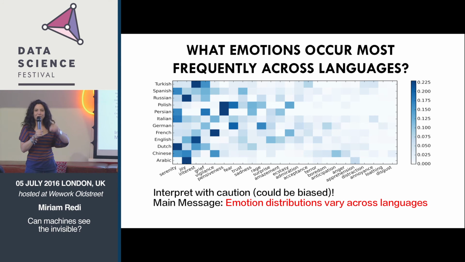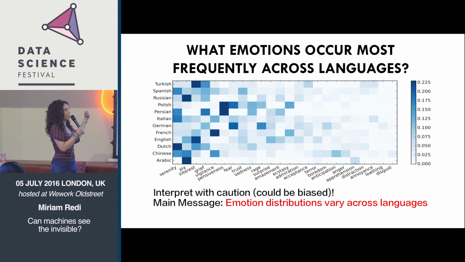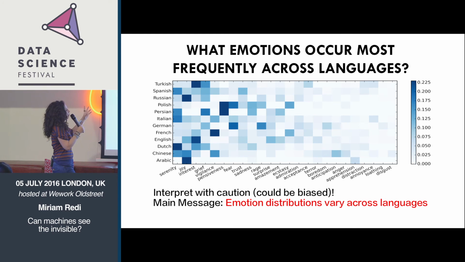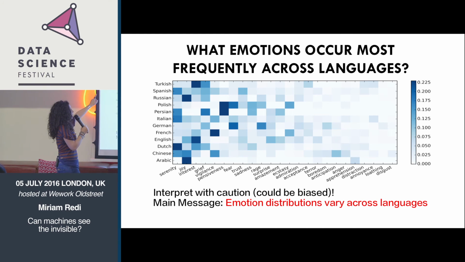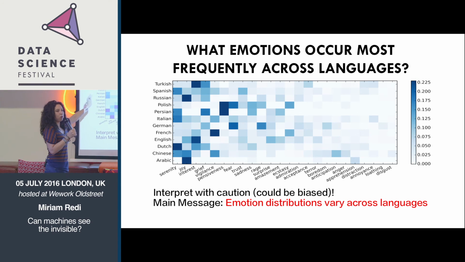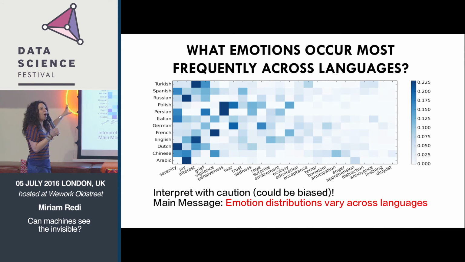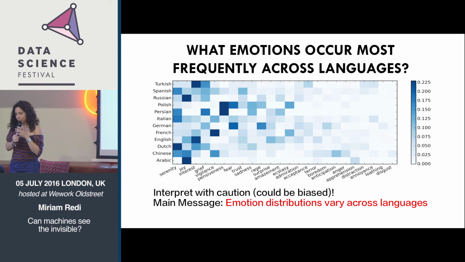However, because we are just at the beginning, we have to verify these findings with psychologists and with the psychology literature. But the main idea that we see here is that this distribution of emotion for different languages is very different, which justifies the fact that we did all this. Different languages tend to assign different emotions in online images, right?